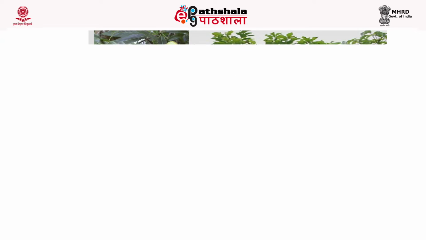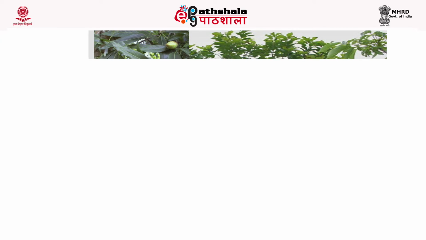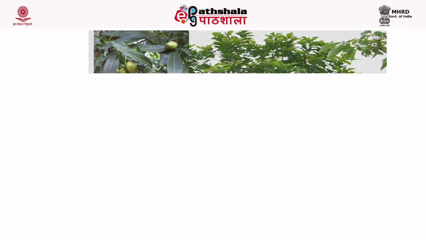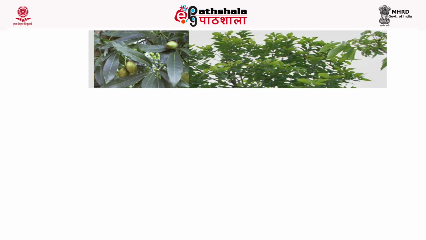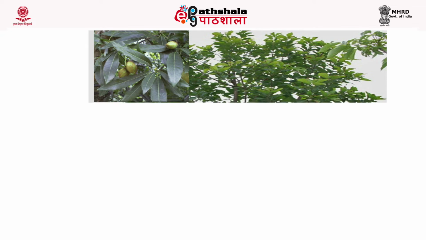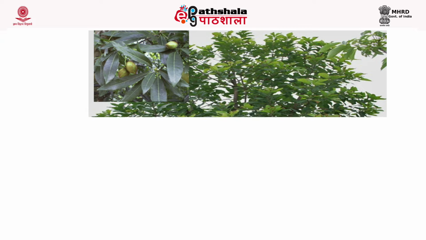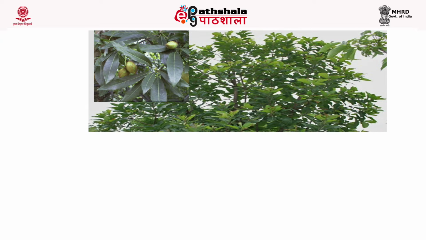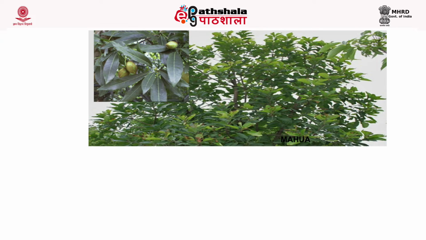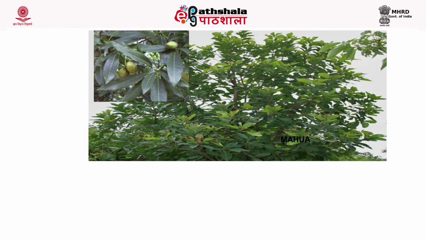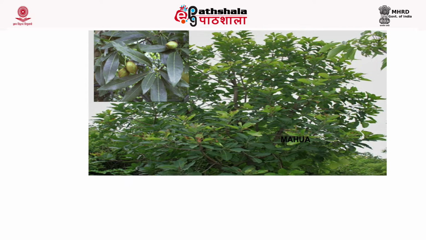Now this photograph shows the crop of Mahua oil. Mahua is one of the known edible oils and it is more suitable as compared to edible oils for the production of biodiesel.